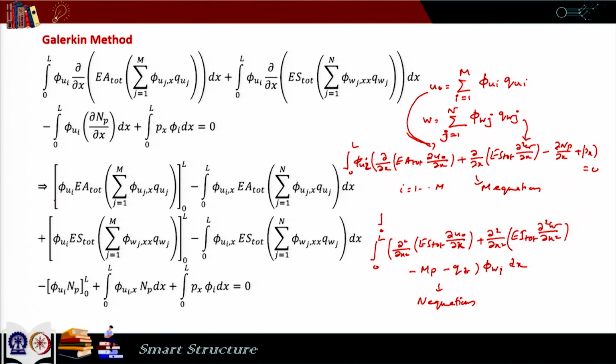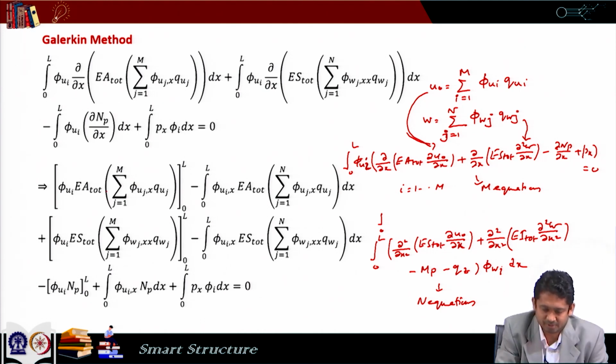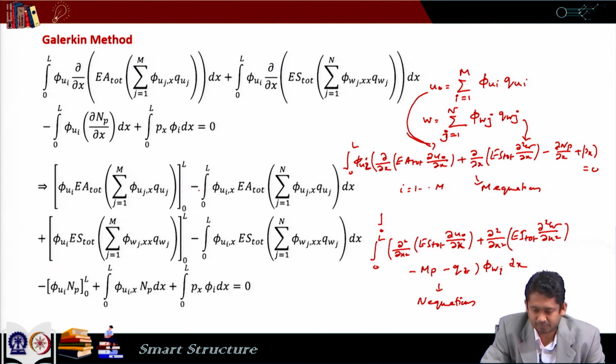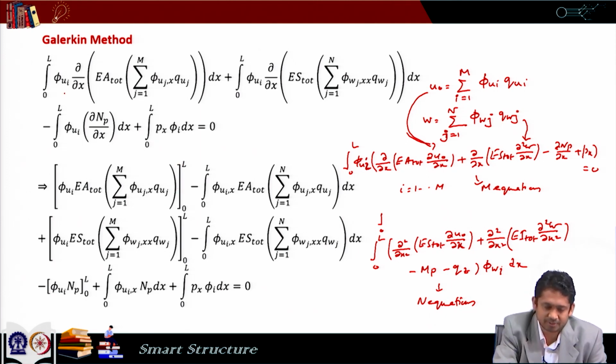To do this, we do the integration by parts. We have this function phi u i multiplied with this. So, phi u i into the integral of this term, that is here, with this del by del x evaluated at 0 and L, and then minus the differentiation of this multiplied by the integral of this.